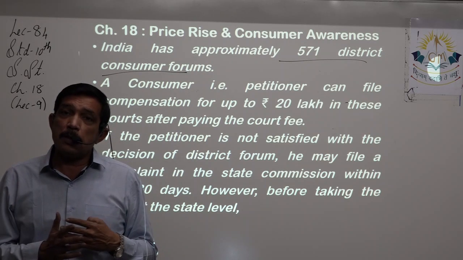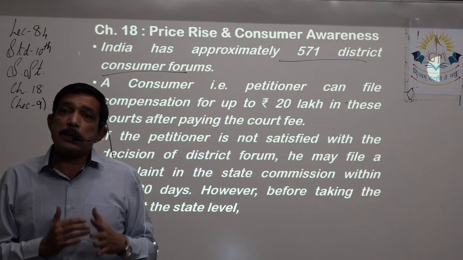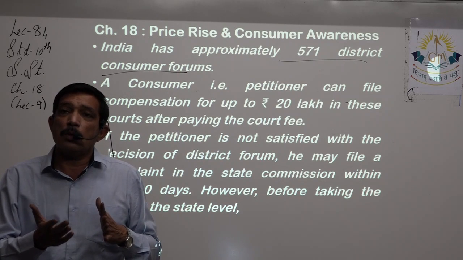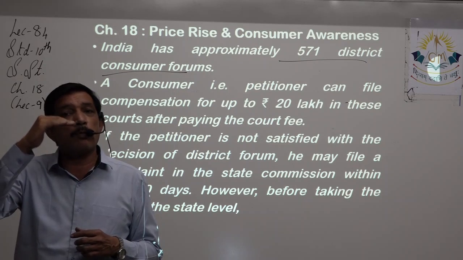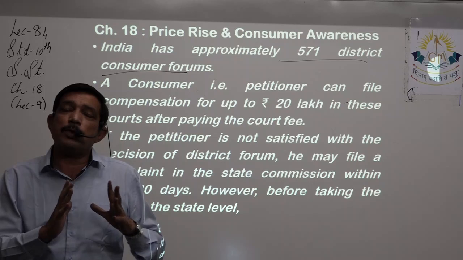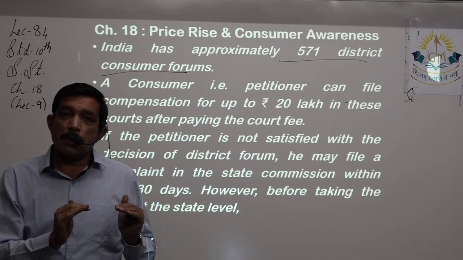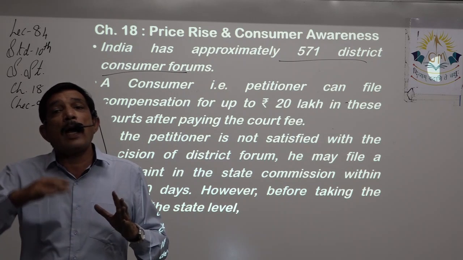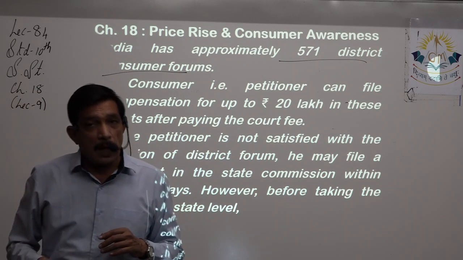So the whole thing depends on getting justice, and a slab for money is fixed. If the money dispute is up to a certain limit, it will be at the district headquarters; if it is above that, then it will go to the state level, and above that it will go to the national forum, right?